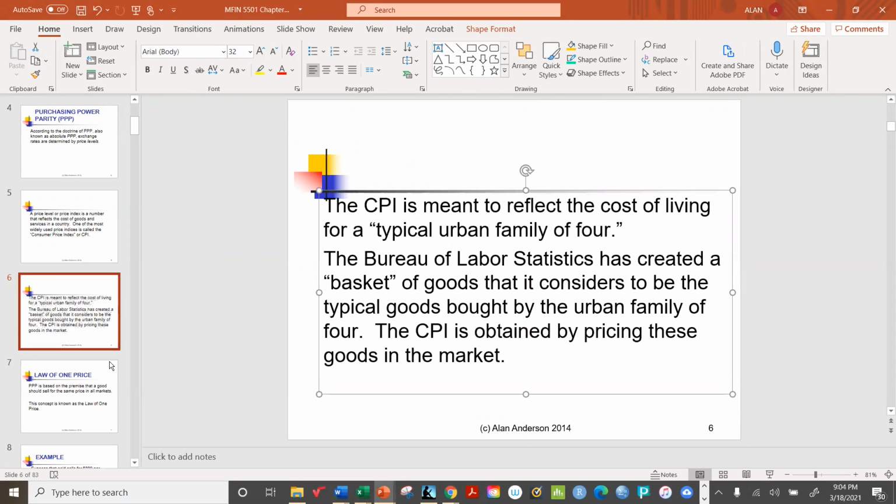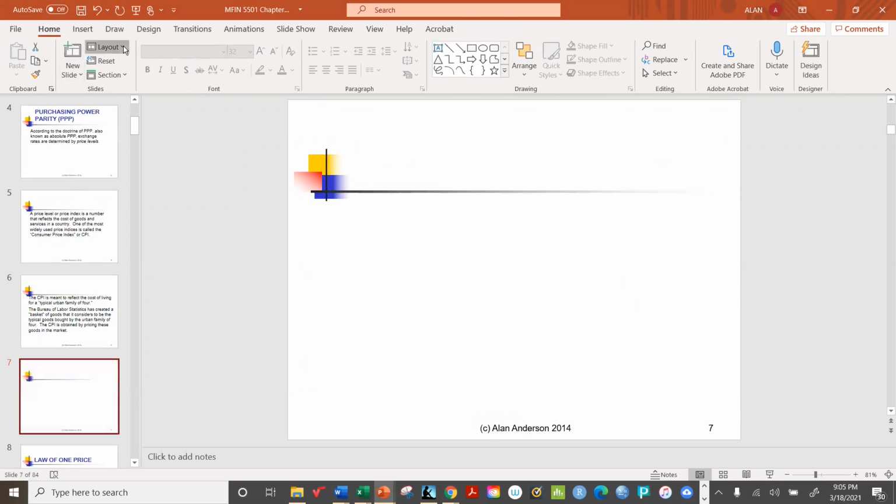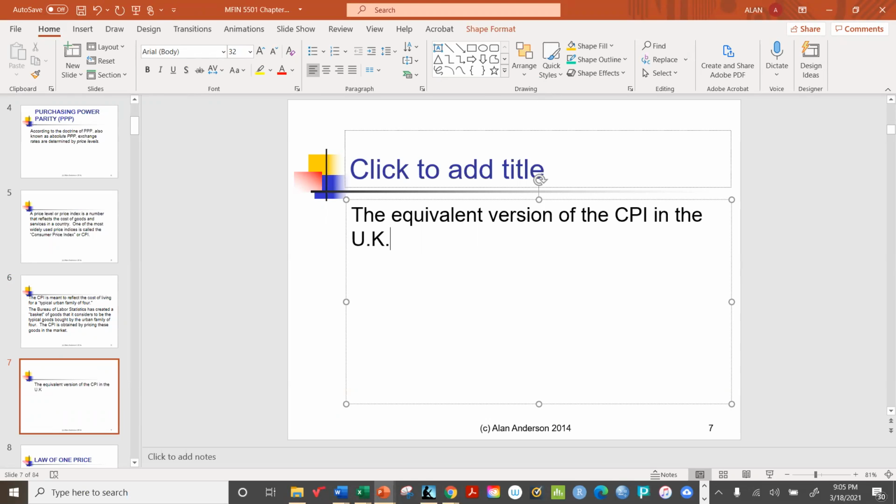Okay, so suppose we look at the UK, because we're going to need that to compare them to each other to determine the strength of the pound and the dollar. So the equivalent version of the CPI in the UK is known as the retail price index, or RPI.